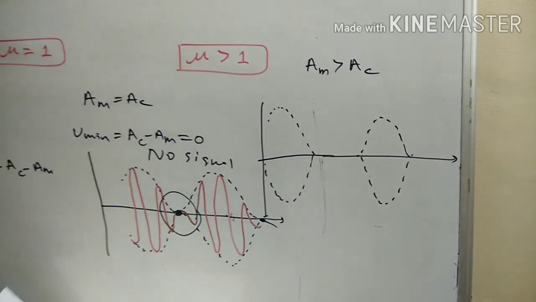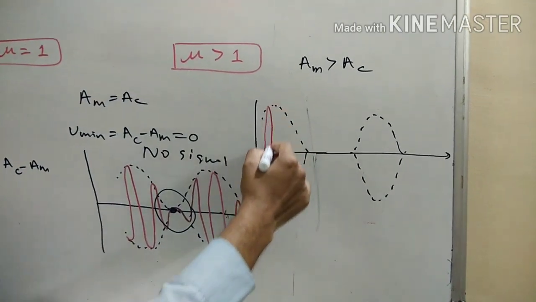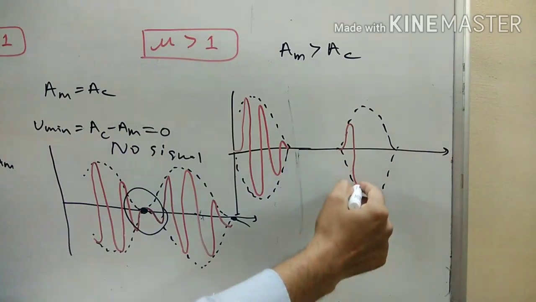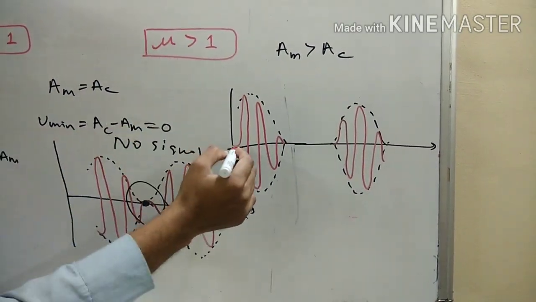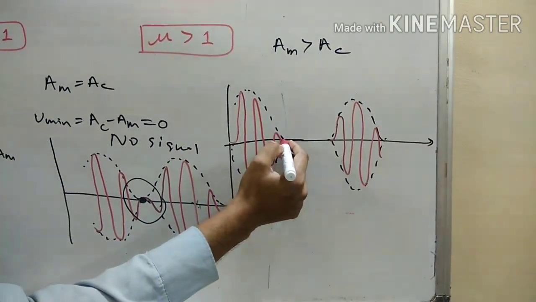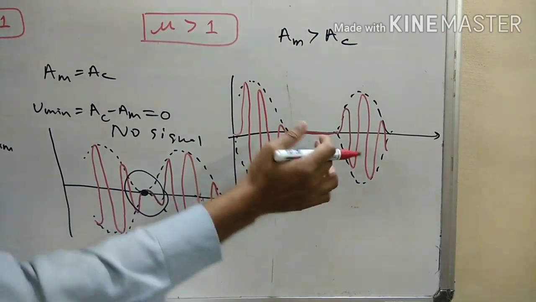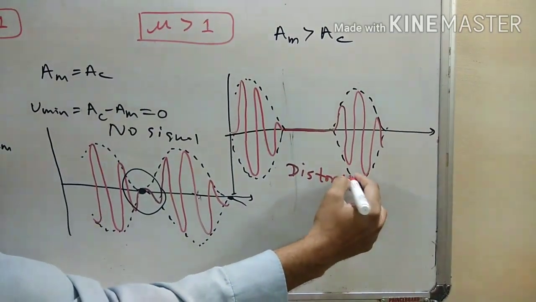We can see here that from here to here there is signal, but from here to here there is no signal. This part is called distortion.